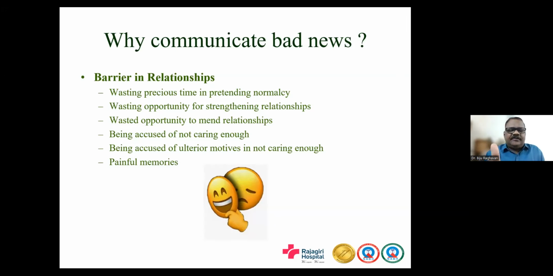Also, if you think of it from the patient's point of view, we are denying the patient also a chance to have a real relationship. Remember, relationship does not mean always laughing and having a picnic. Crying and hugging your loved one and saying, I love you and I'm going to miss you, is also part and parcel of any life or any relationship.